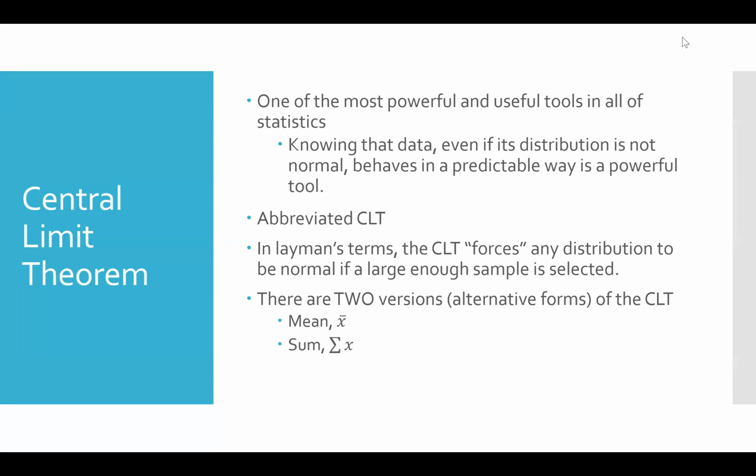Quite honestly, in my experience, you often see the version for the mean used more often than the sum. I honestly don't remember ever seeing the sum version before. But it's actually kind of neat when you see how it works. And so we are going to look at both forms.